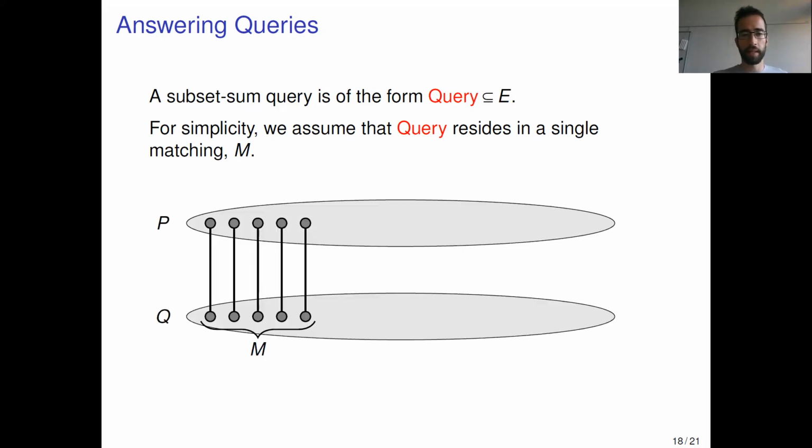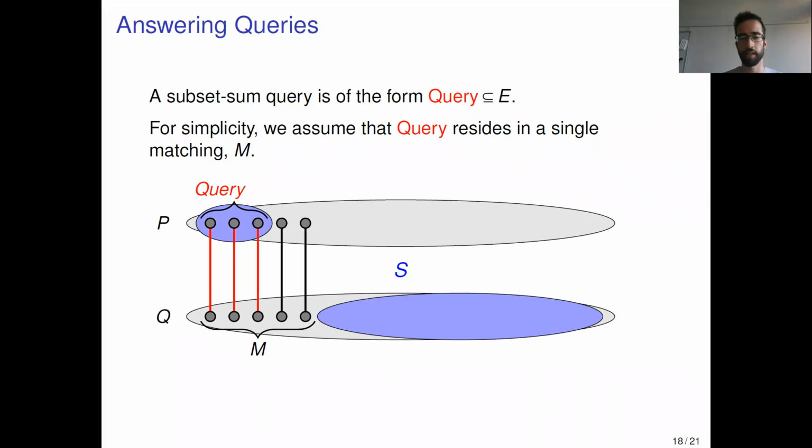But let's take a look at this picture. So here is our original graph. Here is the induced matching, and the query is a subset of the edges. So we're basically asking how many 1 labels are there on these edges and how many 0 labels. And now we claim that one can actually answer this query by only knowing the cut size of this set S in the hypergraph.